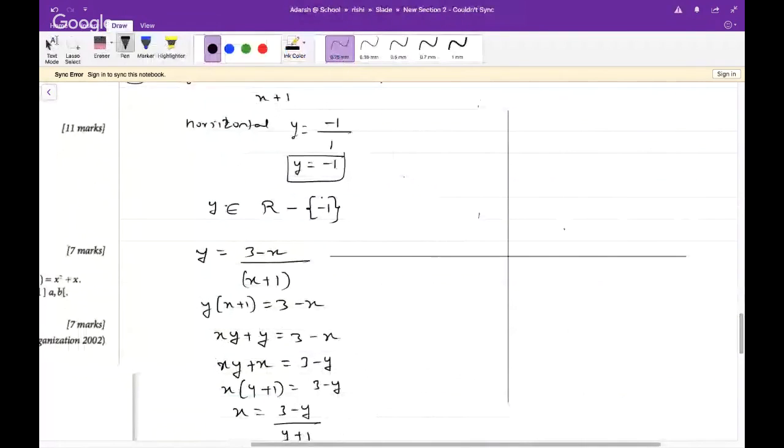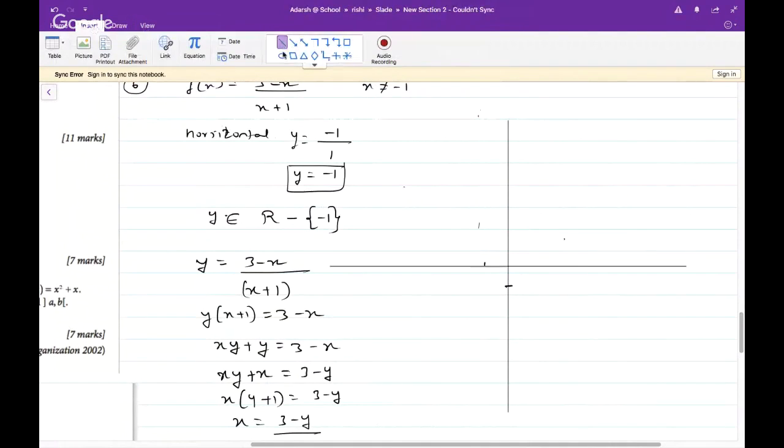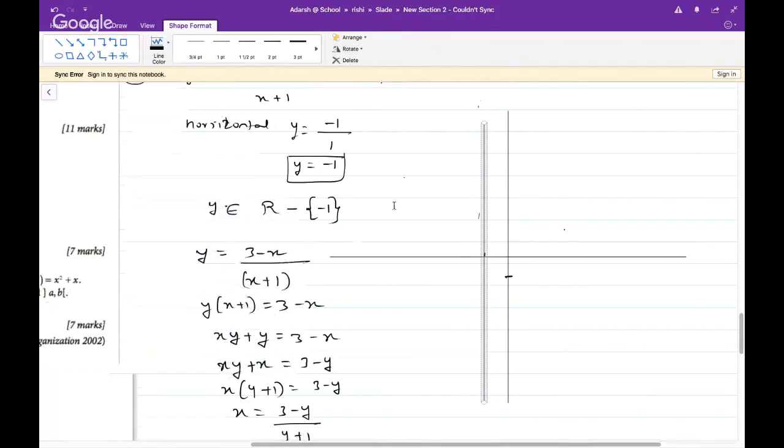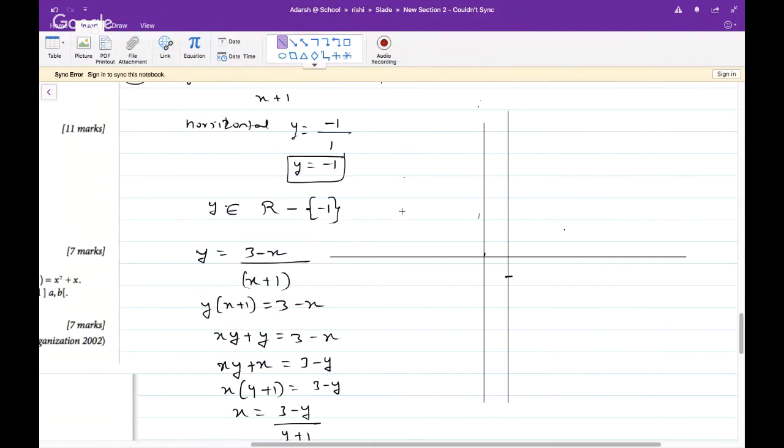So y cannot be negative 1. Negative 1 is here, and x cannot be negative 1. So I draw dotted lines for this, here as well as here.